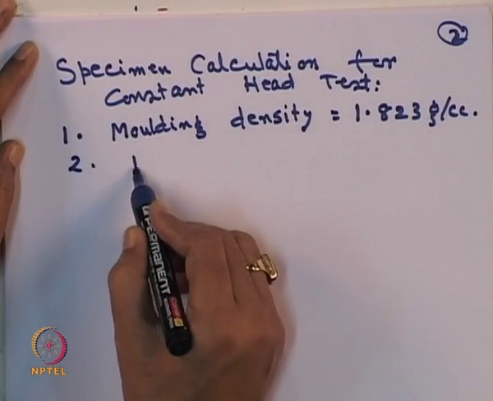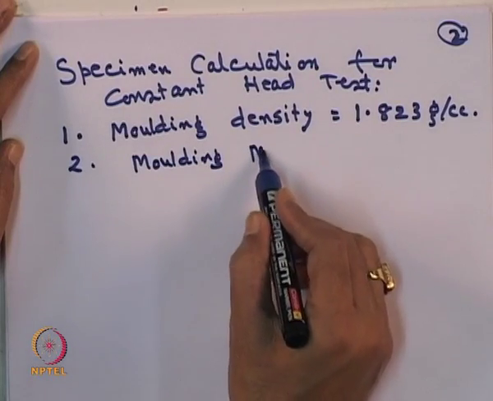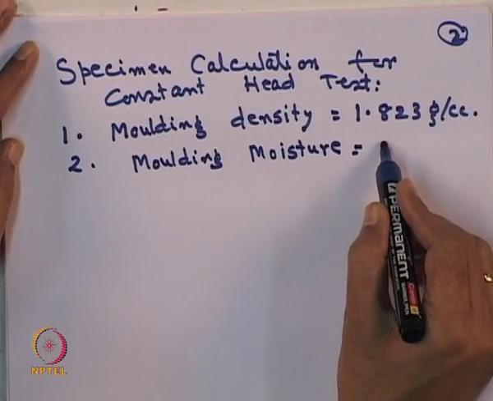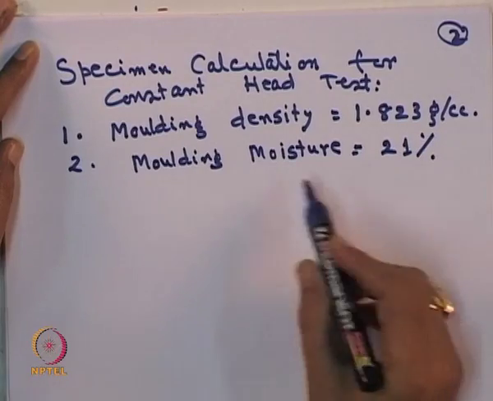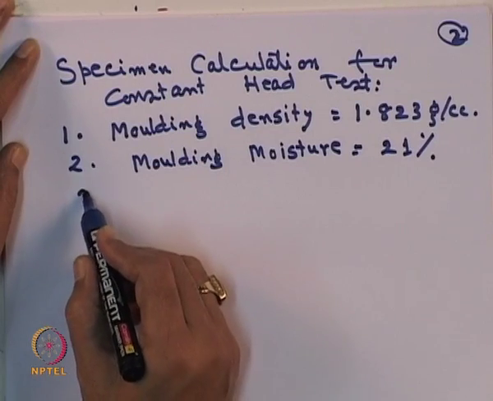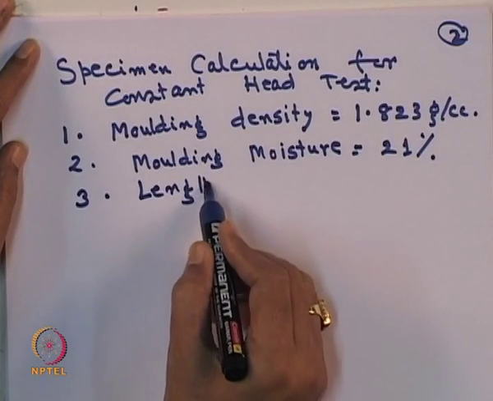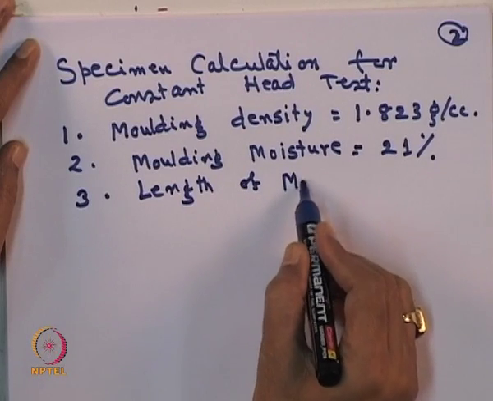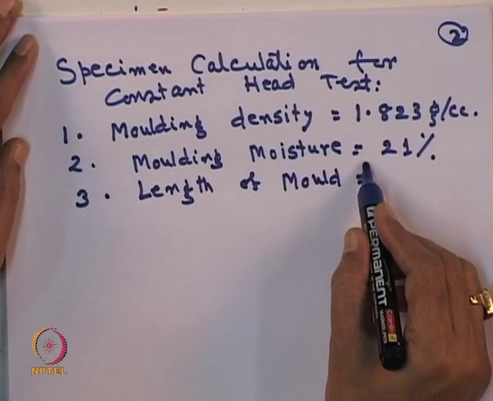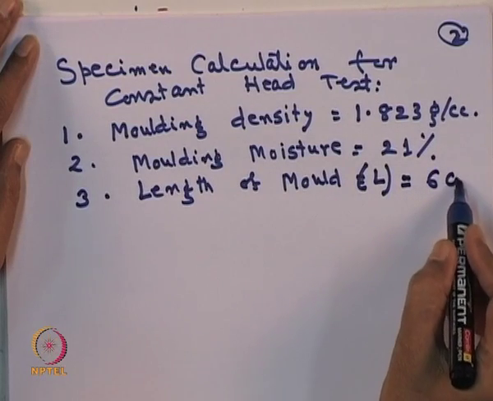Then the molding moisture, let us say 21%. You know how to determine the density and also the moisture content of the sample. Then length of the mold, designated as L, is equal to 6 centimeter.